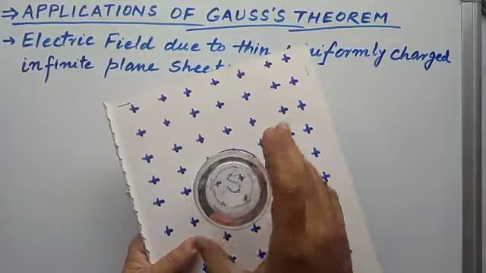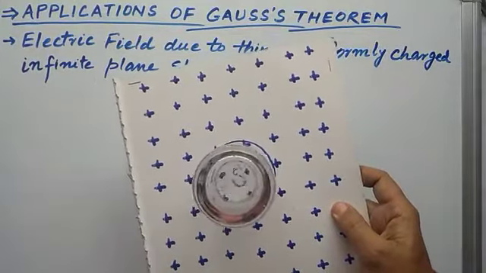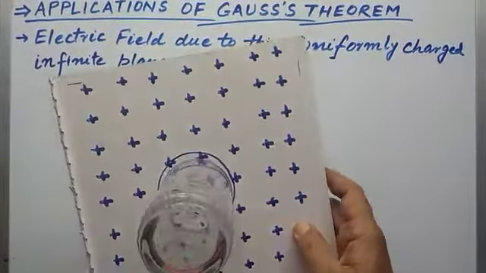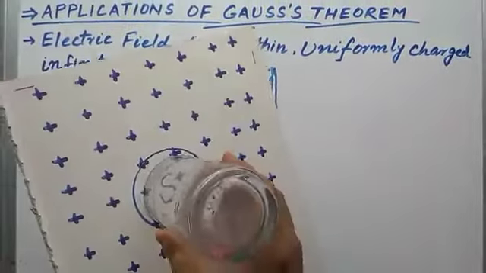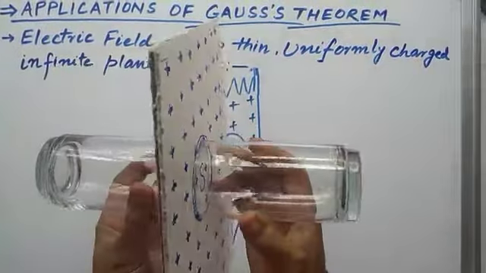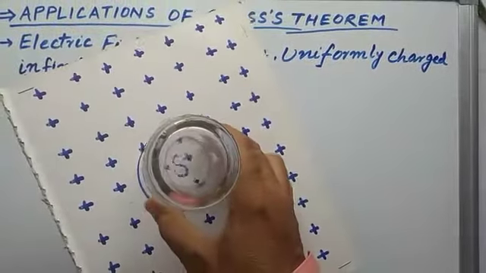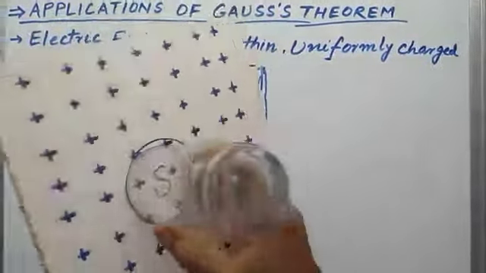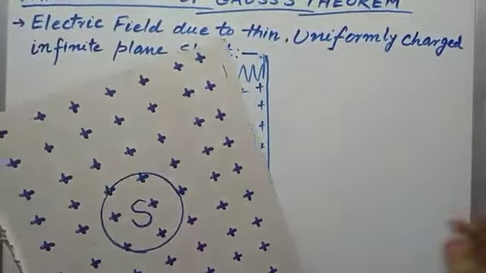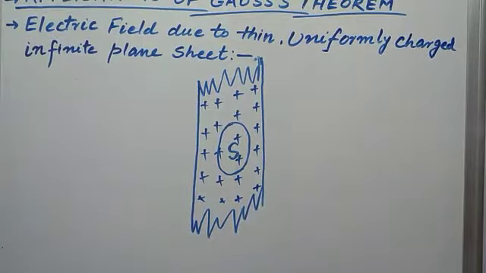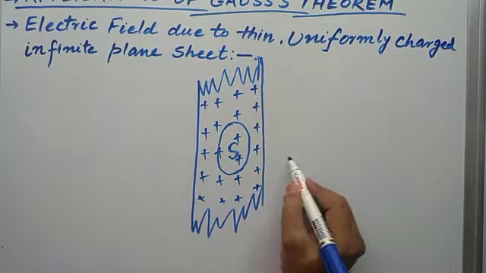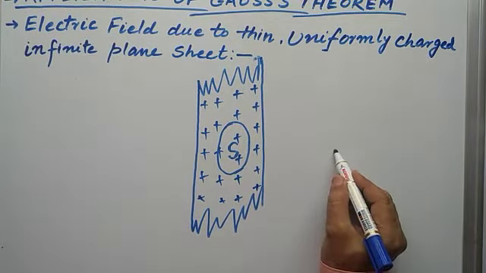Now we draw the Gaussian surface like this. Suppose P is the point of observation.